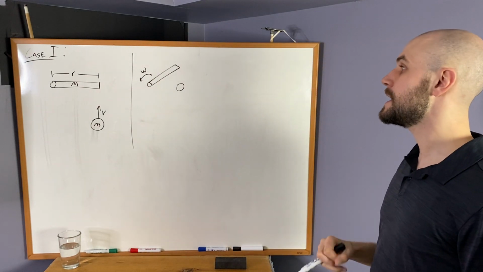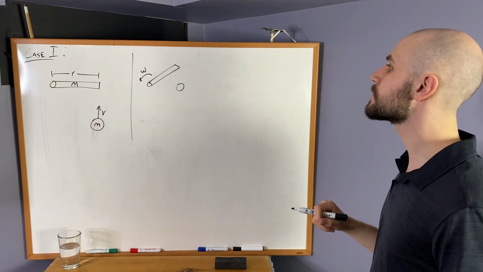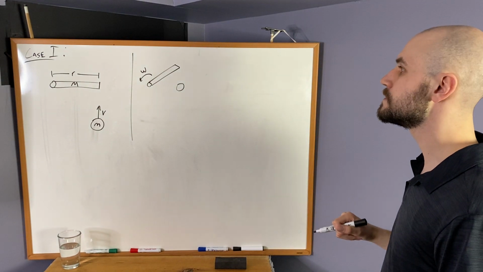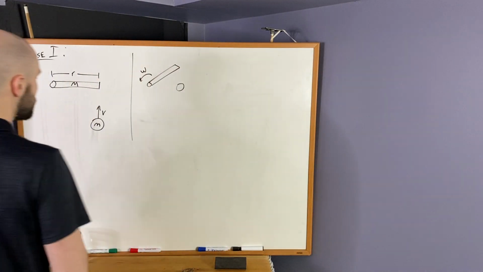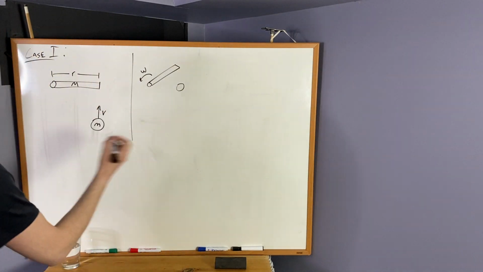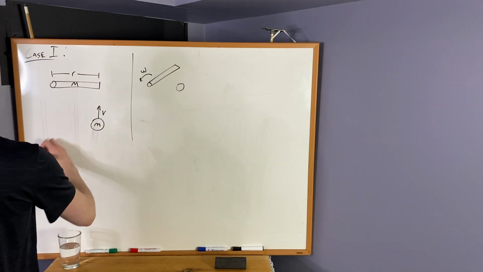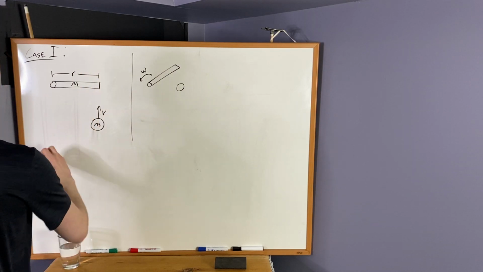Before we dive into this case and analyze what's going on, let's define some things about our system here. I'm going to solve this all out algebraically, and then we'll actually calculate some of the values. But we could give some of these quantities numbers.